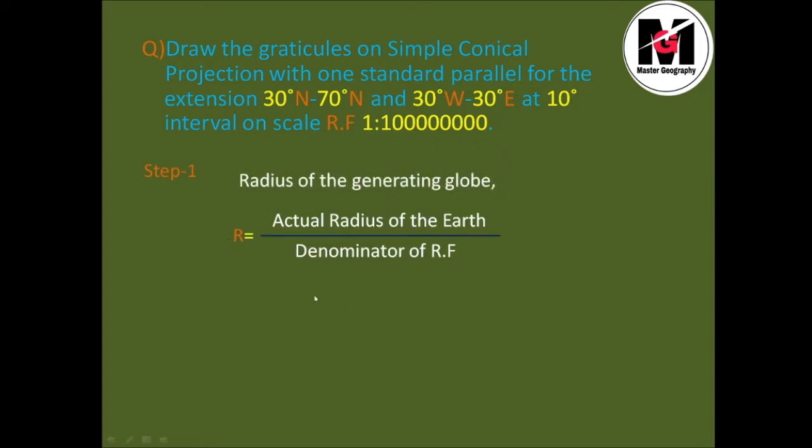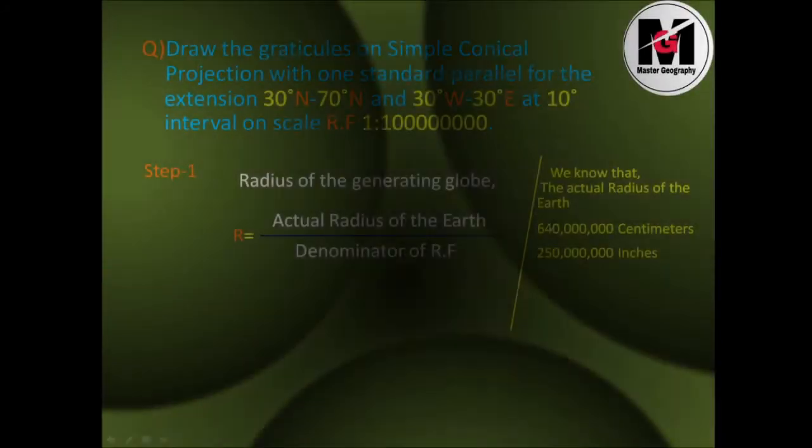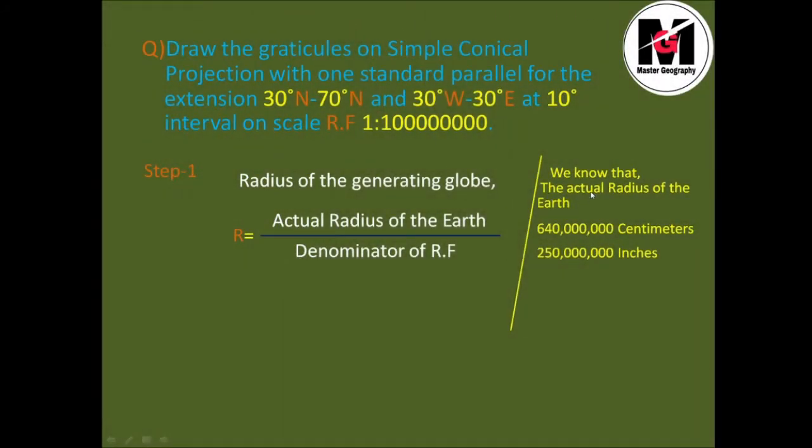Remember this formula: r equals the actual radius of the earth divided by the denominator of RF. The actual radius of the earth is 640 million centimeter, or 250 million inch.